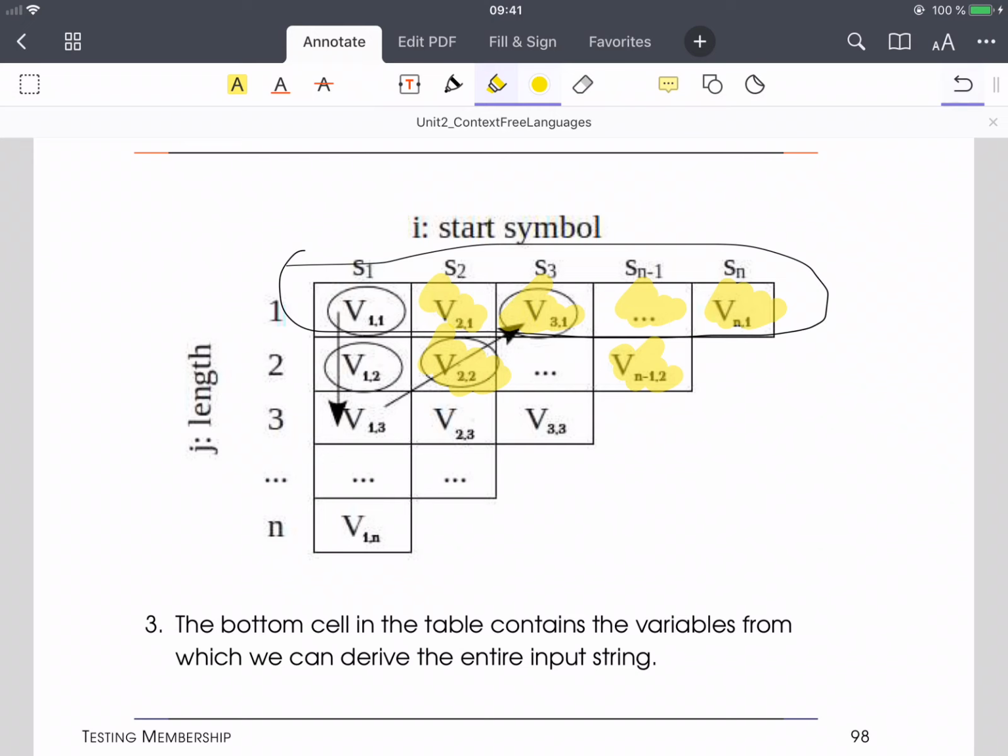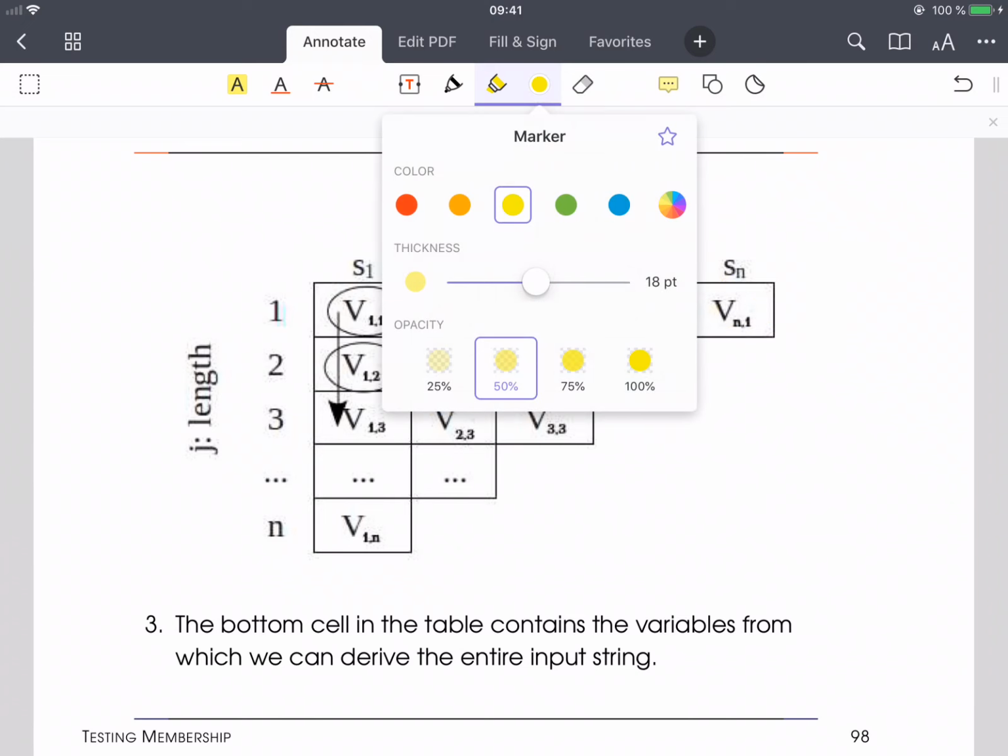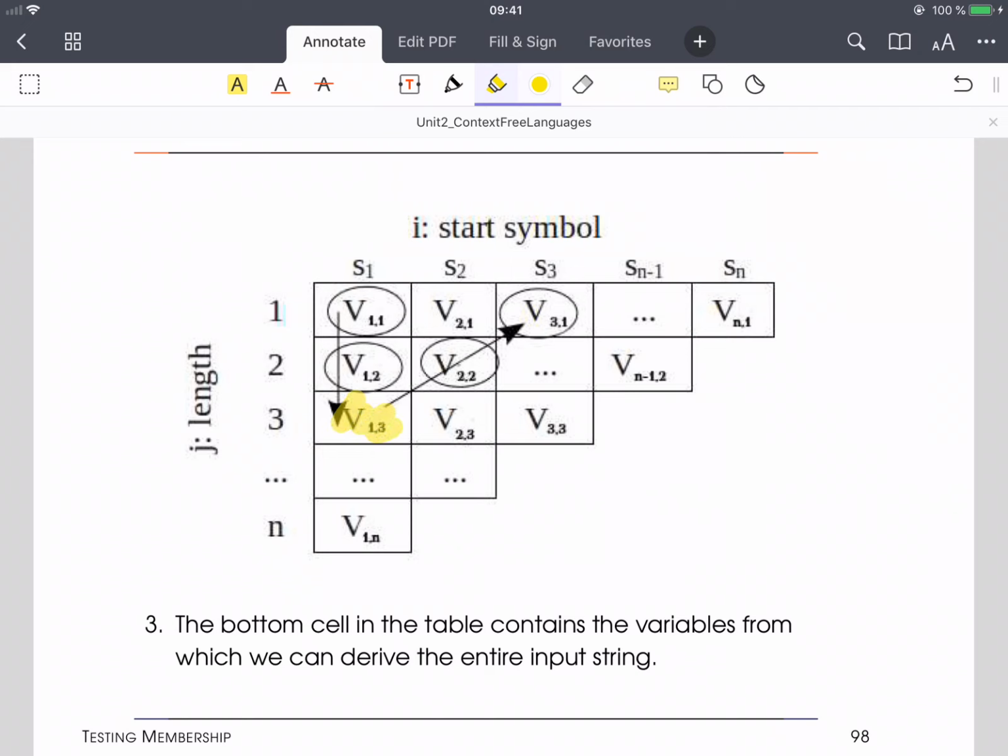Okay, what about the cells in the third row? For instance, let's say that we want to fill in this cell here. Then remember that this cell corresponds to the variables that generate S1, S2, S3. And we have two different ways of dividing this word into two parts. The first one is S1 and then S2 and S3.